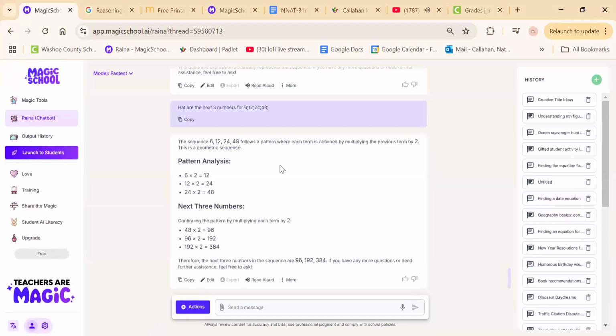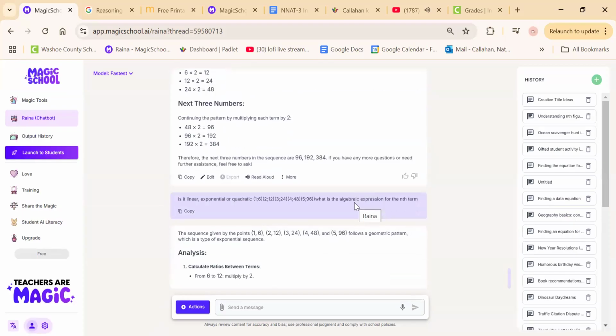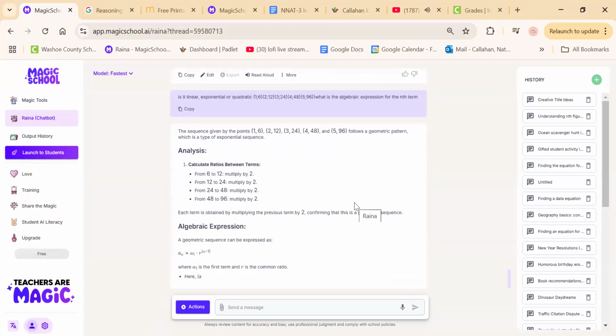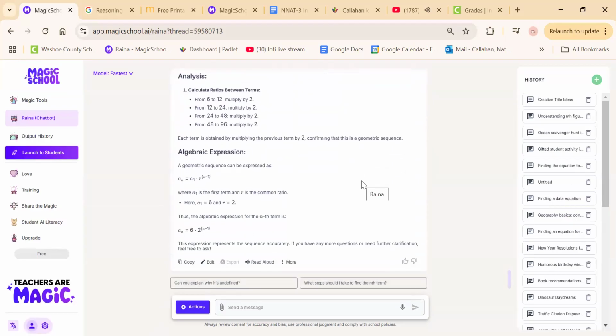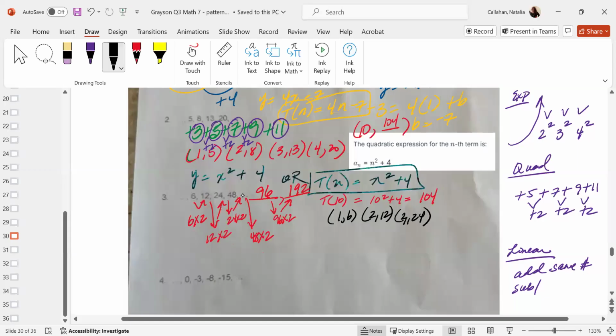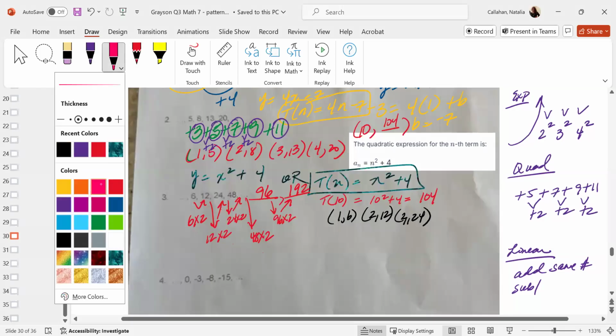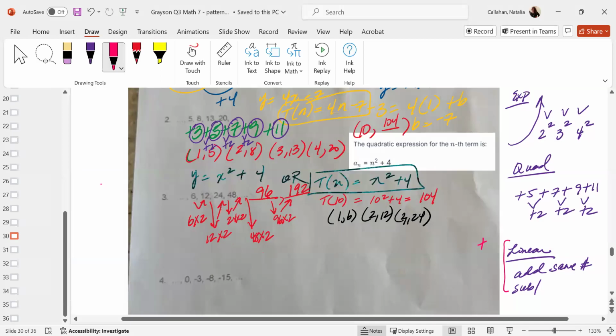So let's see. Is it a geometric pattern or arithmetic? Actually, I'll tell you about this. Arithmetic: look over here, linear, because you're adding and subtracting. That's arithmetic, okay?